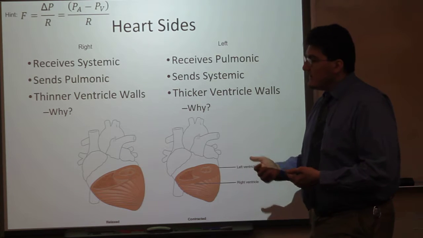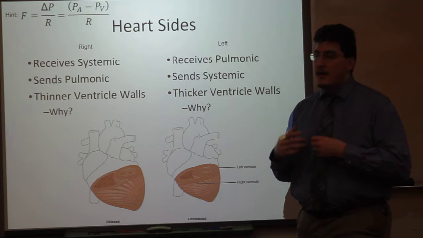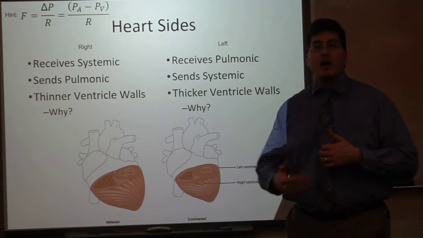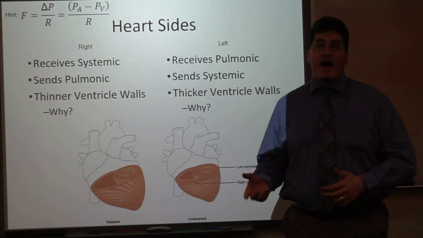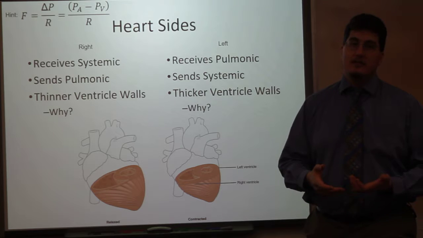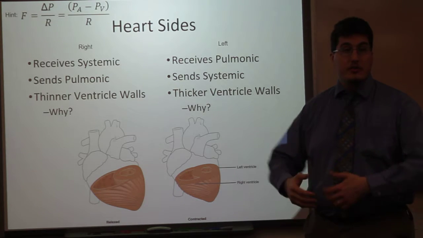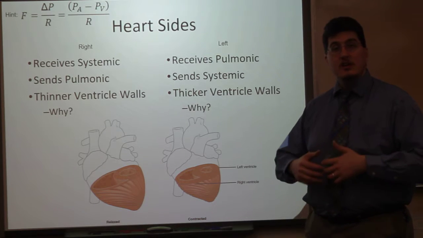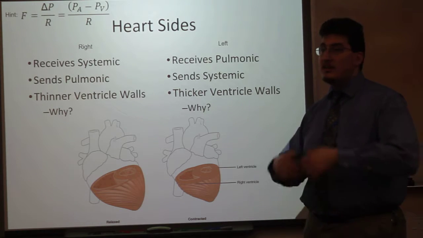And in order to accommodate that, each side needs to overcome different resistances. So the pulmonic system has a lower resistance than does the systemic system. The systemic system includes your head, your arms, your chest, your abdomen, all of your vital organs, your lower extremities, the genitals.